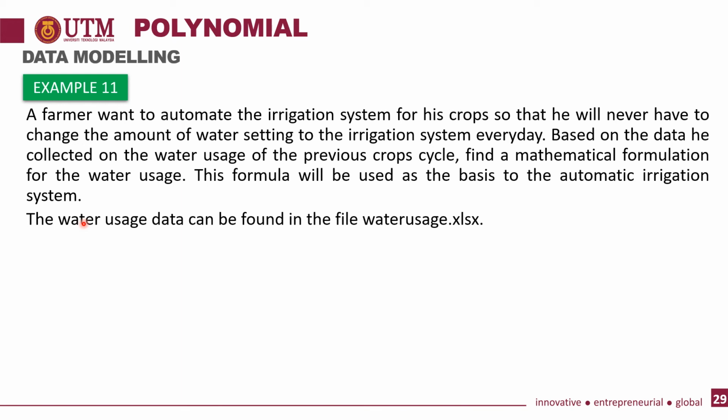He doesn't want to give water to the plant manually. He just wants to automate the system, based on the data he collected on the water usage of the previous crop cycle. For example, in the previous crop cycle he planted some tomato, and he collected the data and observed the trend of the data on the water usage.